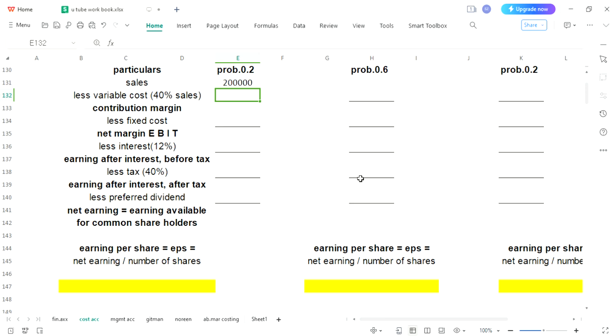To calculate that we need sales, which is 2 lakh, and we'll directly calculate our 40%, which is the variable cost. Now we can calculate our contribution margin by subtracting variable cost from sales. The amount of sale over here is 2 lakh and variable cost is 80,000. By subtracting variable cost from sale, we will get our contribution margin.